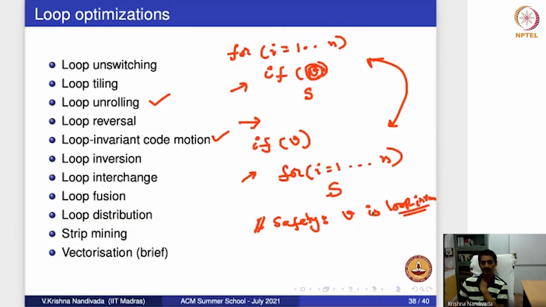V is not dependent on what S does or what I does. Instead of writing loop invariant, I'll write it as V is not dependent on S or I. Okay?